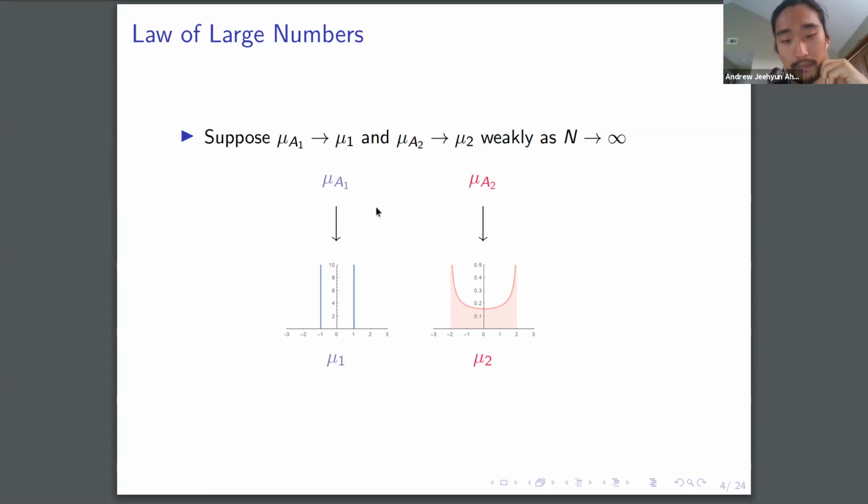So in other words, in this example that I have in blue, if you assume that A1 has about half of its eigenvalues at -1 and the other half at 1, then the spectral measure of A1 will converge to this mu1 here, which is just a delta spike with mass 1/2 at -1 and a delta spike of mass 1/2 at 1.